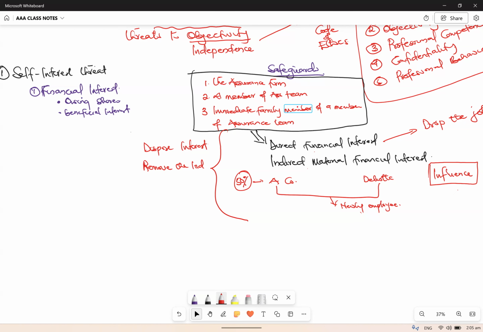Not only that, anytime you remove a person from a team, you must review whatever work the person did. You let an independent person carry out a review on whatever work that person did. So that is what you do.